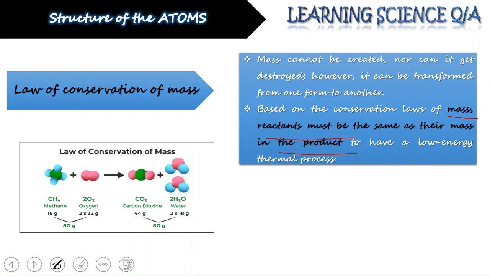If we want to apply the law of conservation of mass, then we would say that the mass of the reactants, which is 80 gram, must be equal to the mass of the products, which is 80 gram here also. So this equation is feasible according to the law of conservation of mass. Many times it may happen that the masses are not equal on both sides, and at that time we'll say this equation doesn't hold true for the law of conservation of mass.